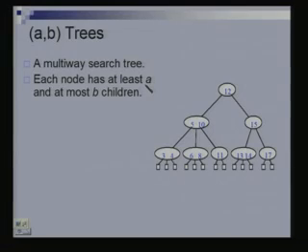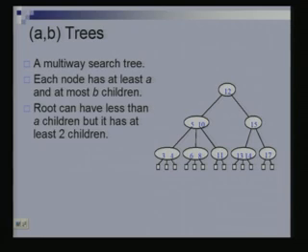If it has A children, then it has A minus 1 keys. If it has B children, it has B minus 1 keys. So, the number of keys is between A minus 1 and B minus 1.